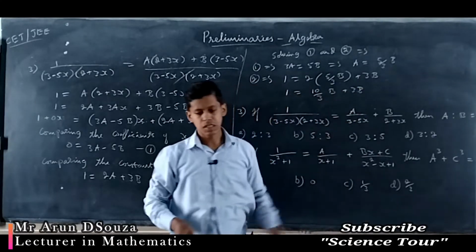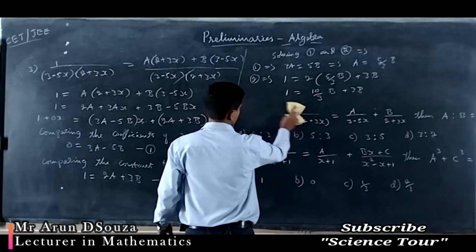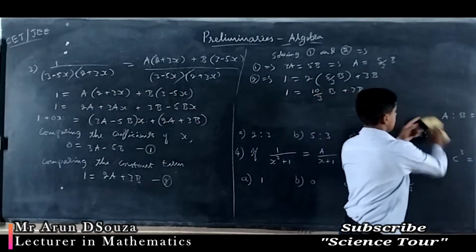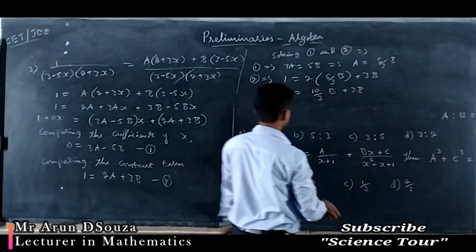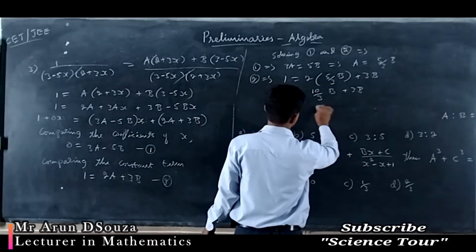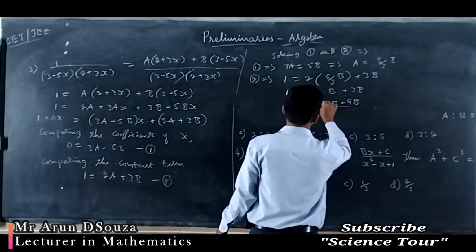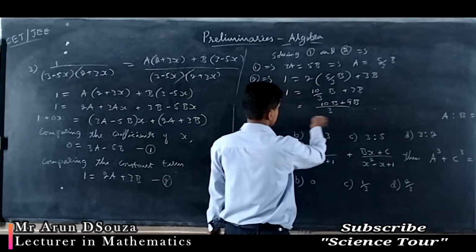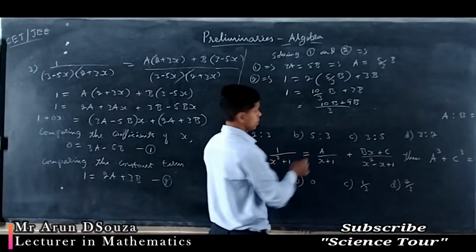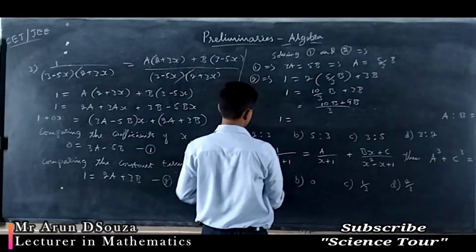So take the LCM 3 there. When you take the LCM 3, remember what we need, the ratio is to be, keep that in mind. So this is like 3, 10b plus 9b, so that is 19b, correct?